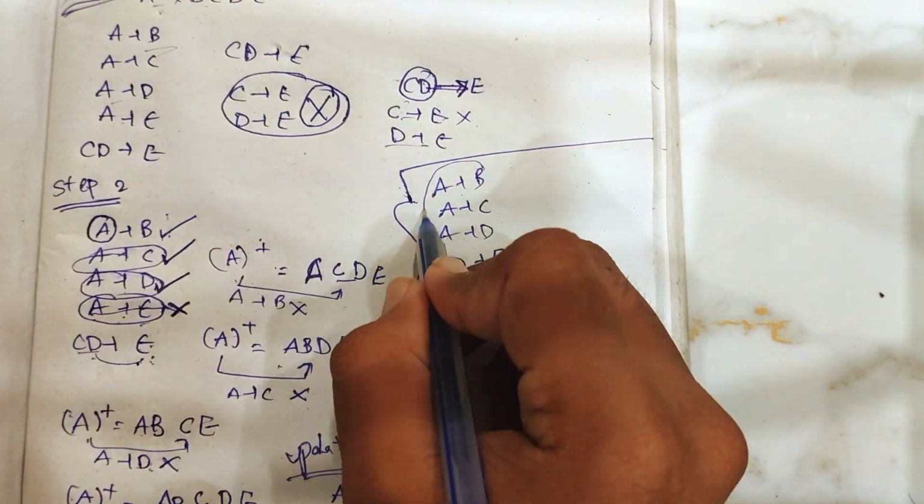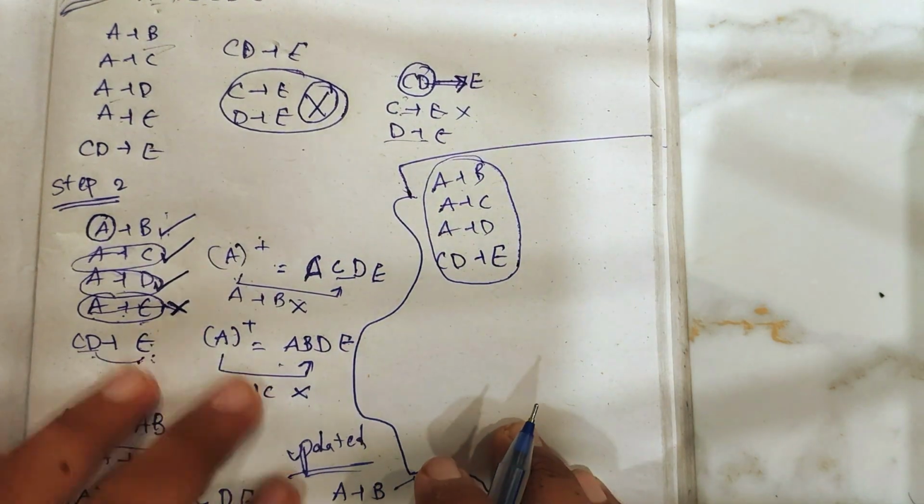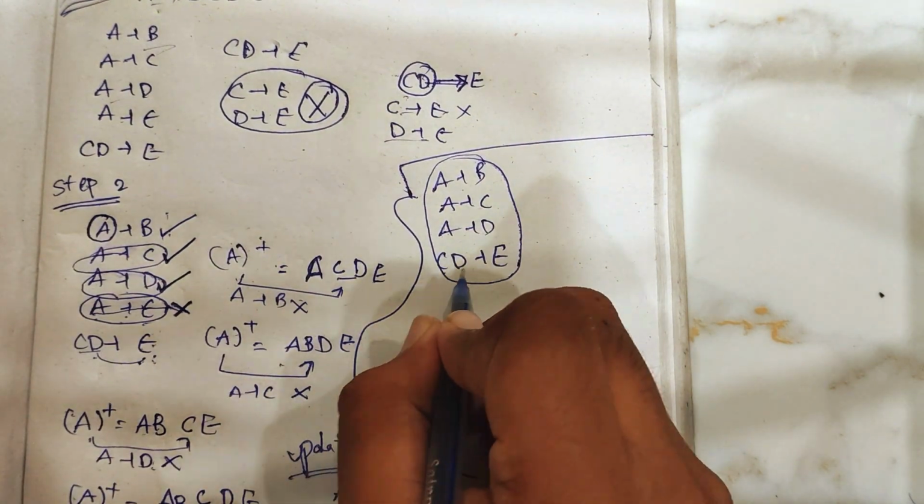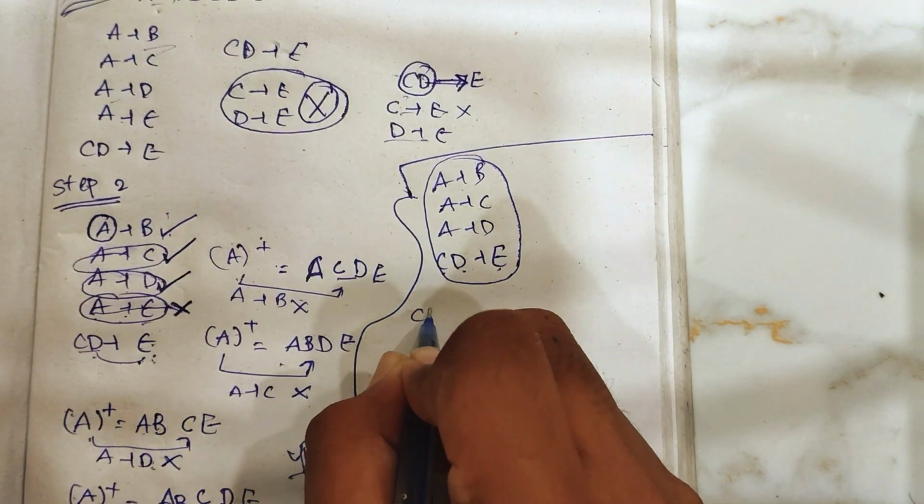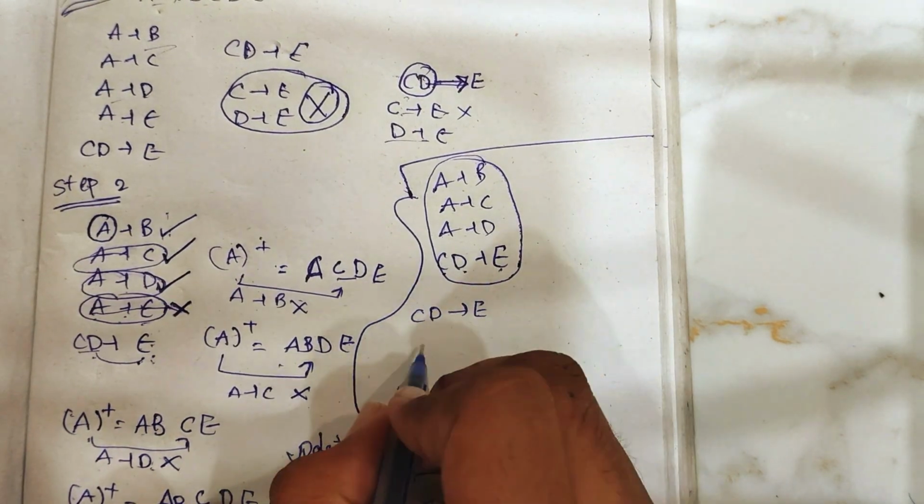This is what we get after doing the closure steps. There is CD to E. We can treat this as redundant too.